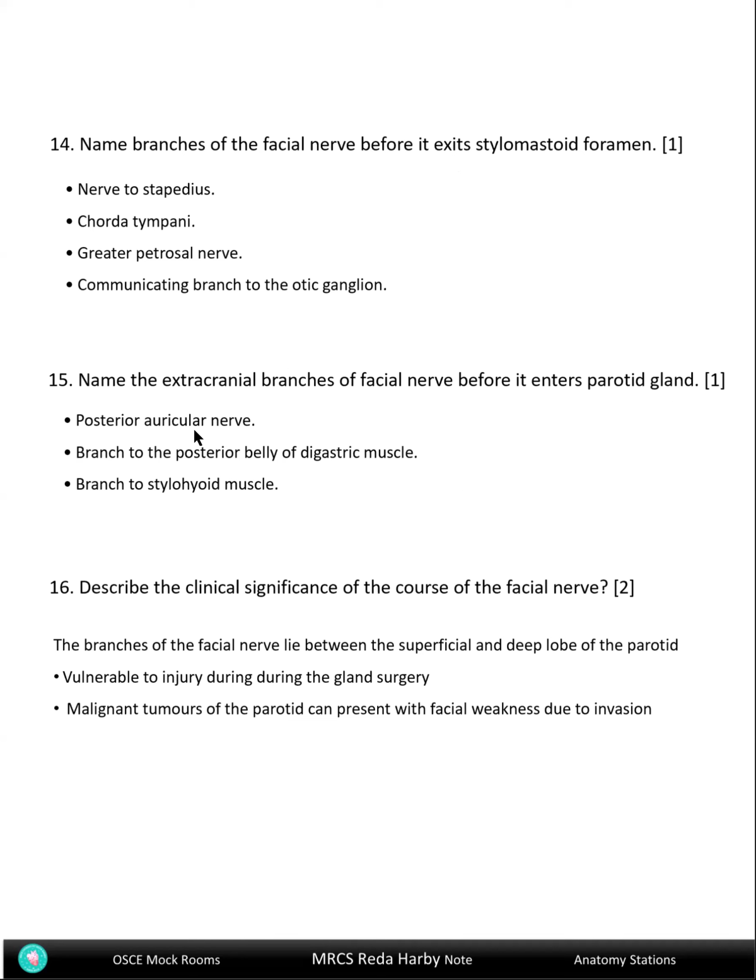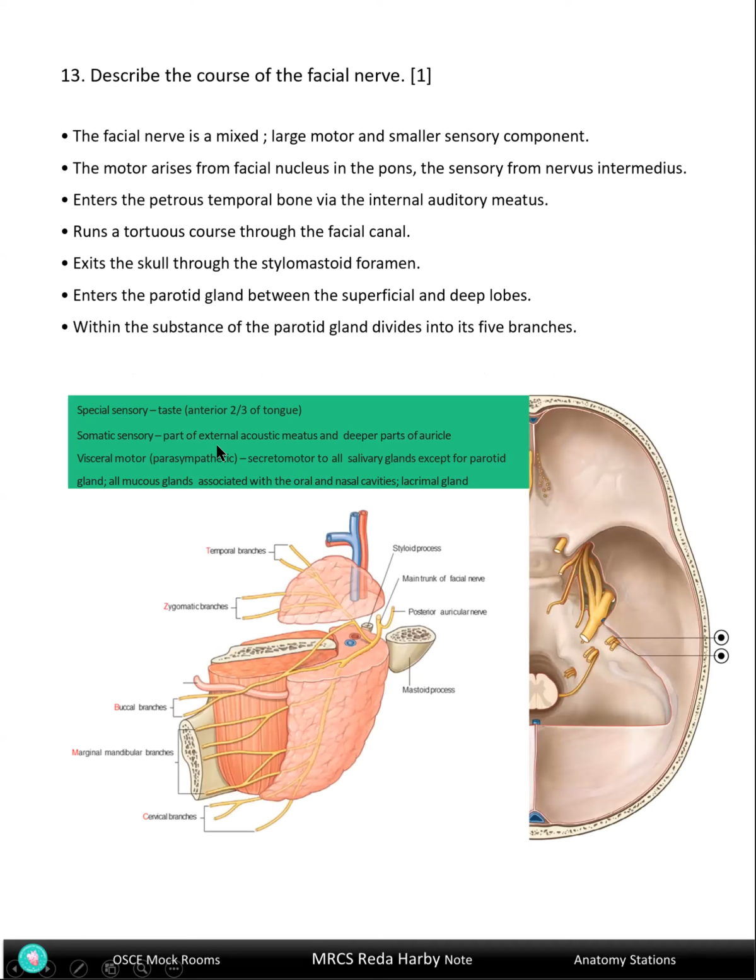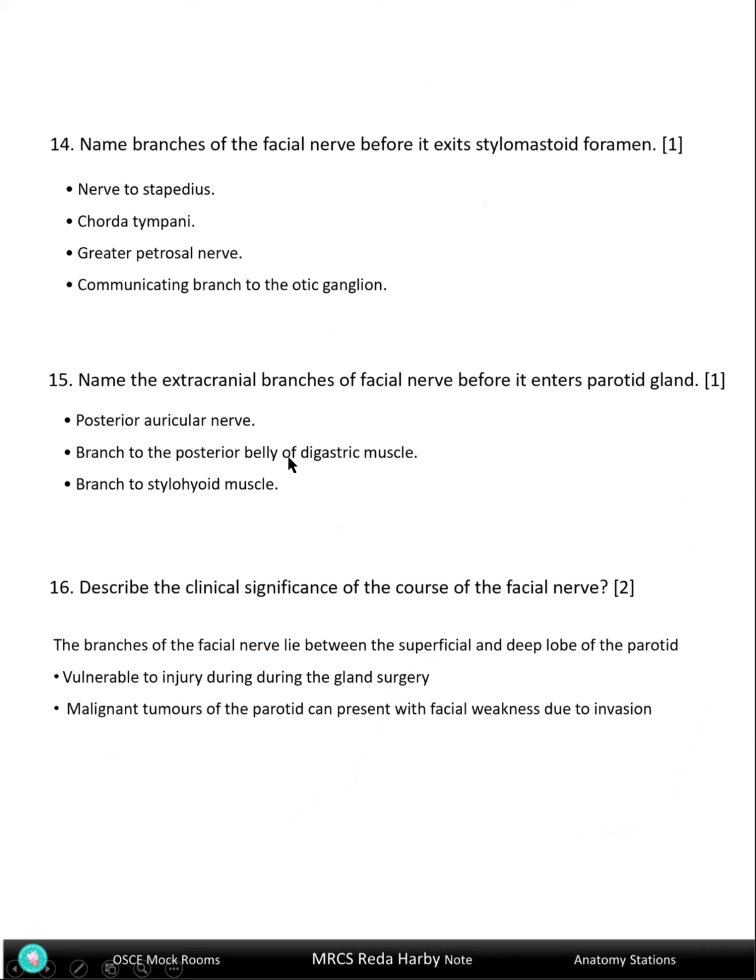They give other extracranial branches, not sensory like the "two zoo by motorcycle", but we have the posterior auricular nerve. We said the deep part of the auricle and part of the external acoustic meatus, as you see here, and a branch to the posterior belly of digastric and a branch to stylohyoid muscle.